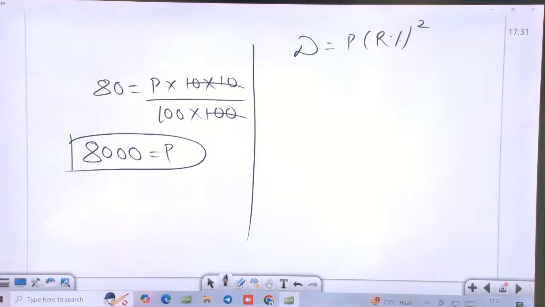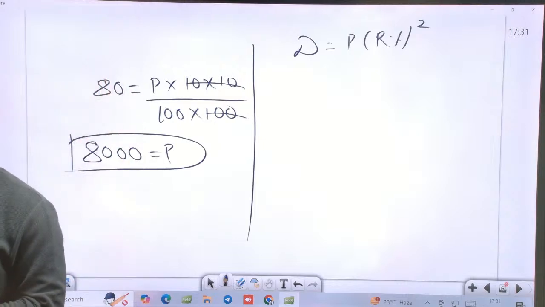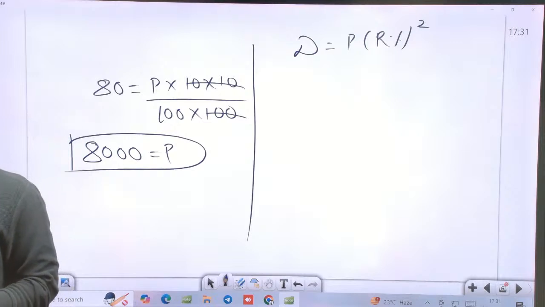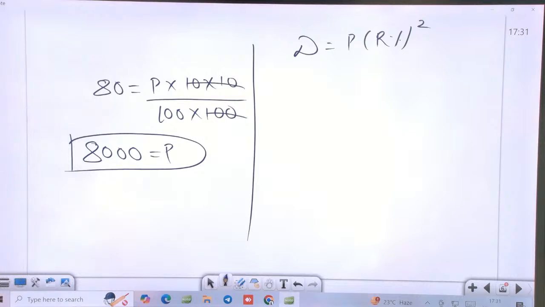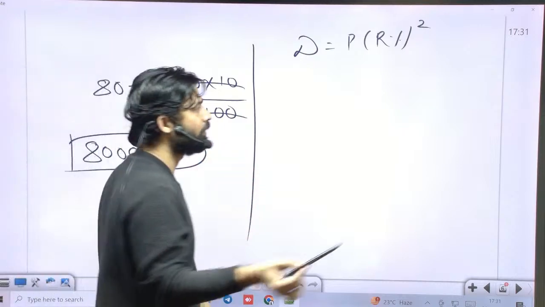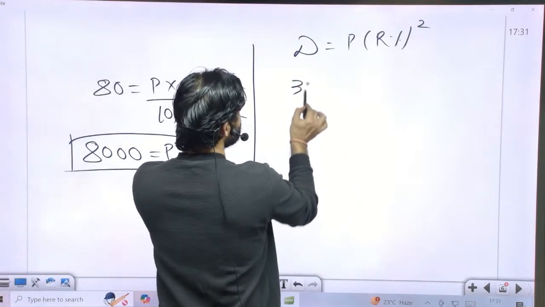Okay, let's do the other question. The compound interest for 2 years is 450. So he has given the compound interest, so we have to make the tree, because he has not given the difference. But what if he has given you the difference, so how can we approach it? I'm telling you, let it be like he has given us the difference as 30.